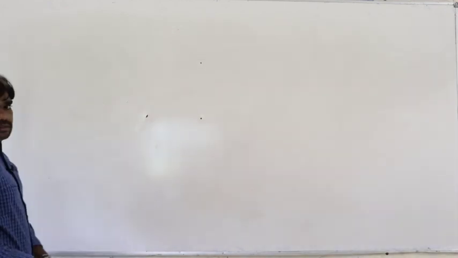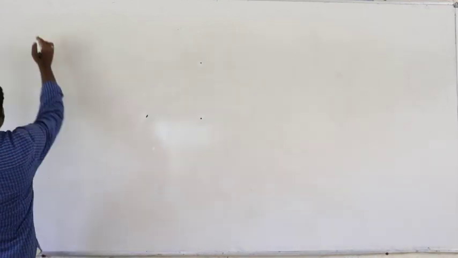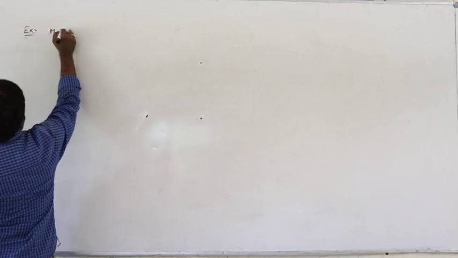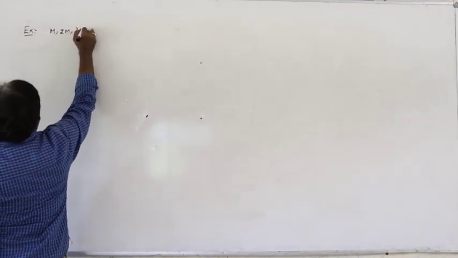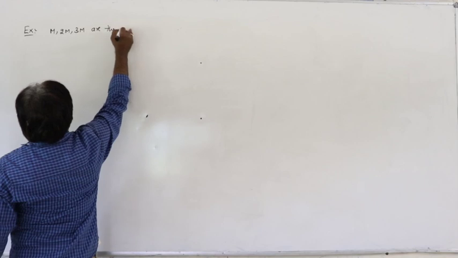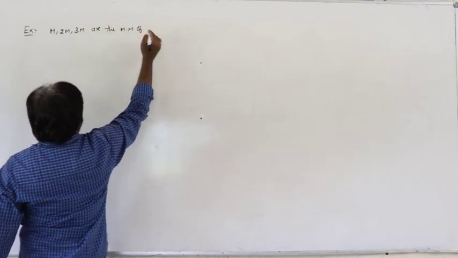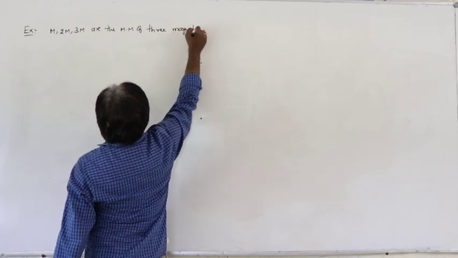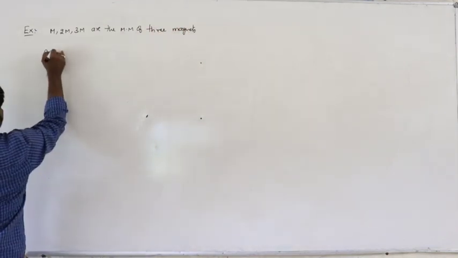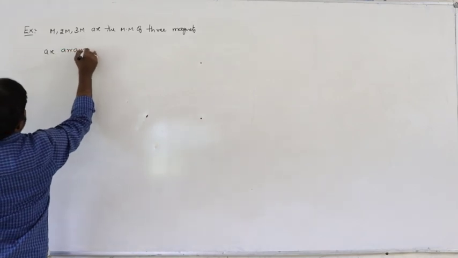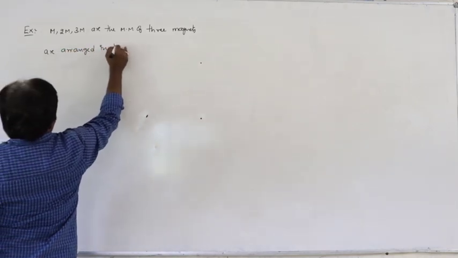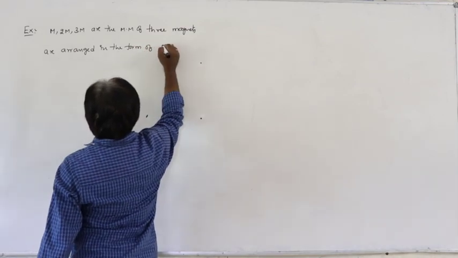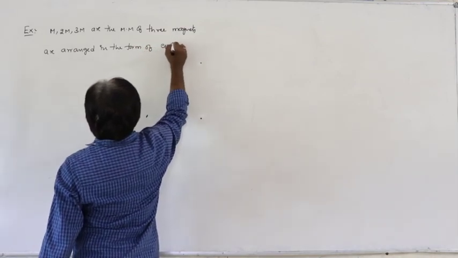So next, one more problem based on magnetic moments. M, 2M, 3M are the magnetic moments of three magnets arranged in the form of an equilateral triangle.